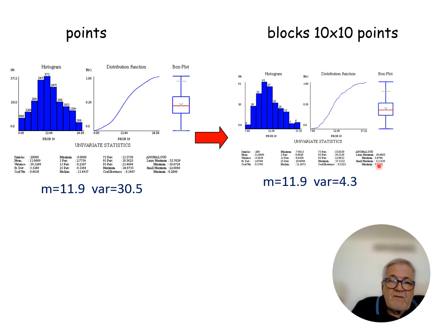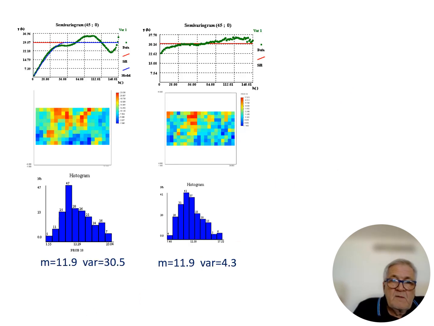But look at the variance: it decreases from 30.5 to 4.3. It decreased a lot. So this is a summary, and you can see the difference of those two block support maps, with the statistics.